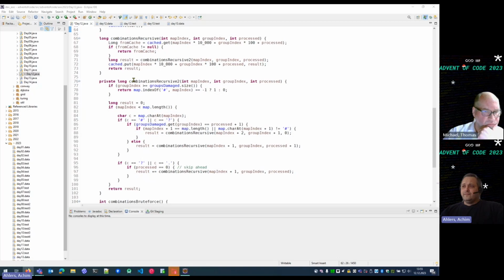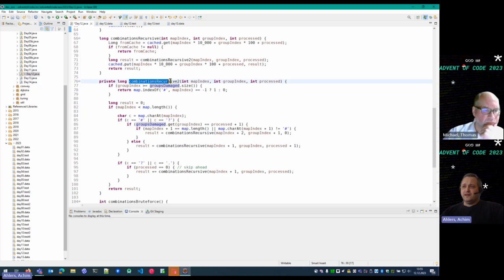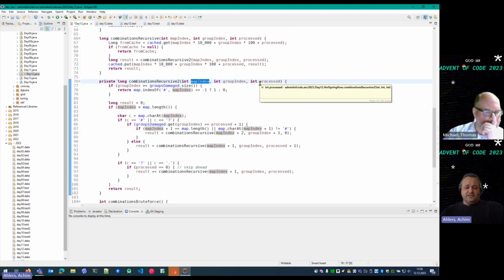When running, we go into this method, starting with these parameters all initialized at 0. So we start at 0 index for our map data, at 0 index for our groups, and at 0 index for this processed field.